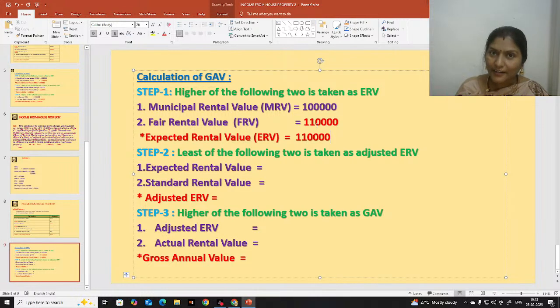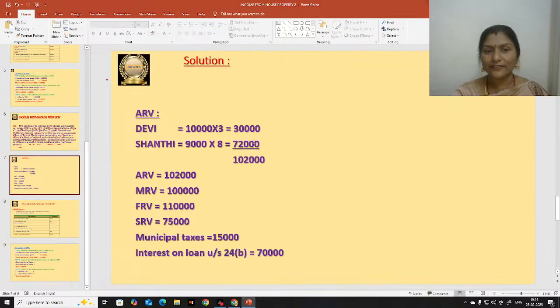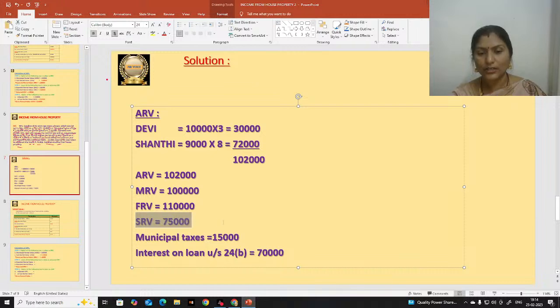At the time of discussing the question, we have taken standard rental value because that is available in the question. So how much is it? It is 75,000. So SRV is 75,000. We took it already in the solution box, and now let us take SRV, standard rental value, in step 2 also.